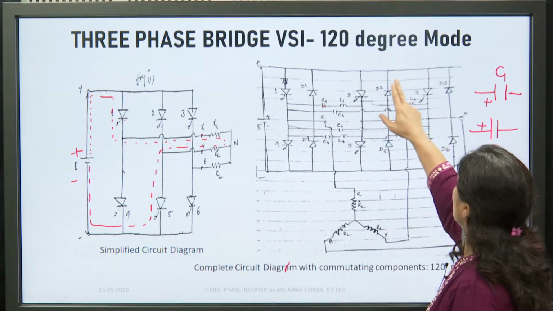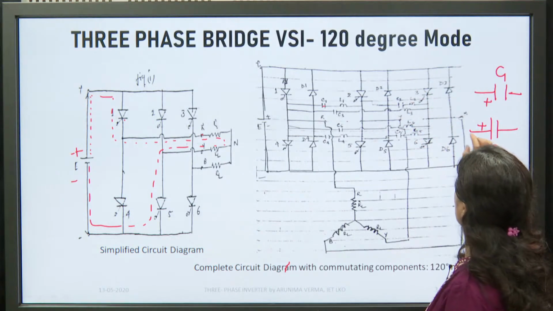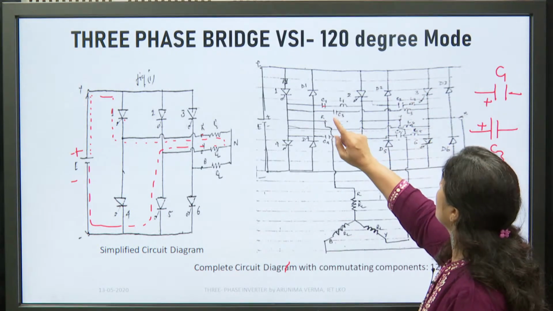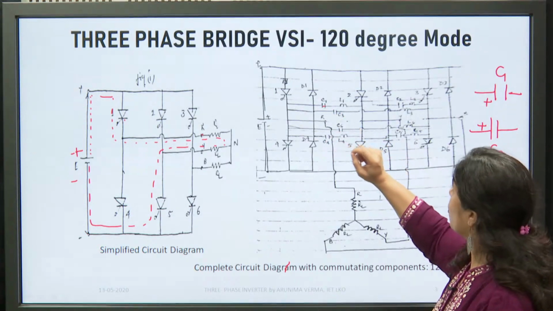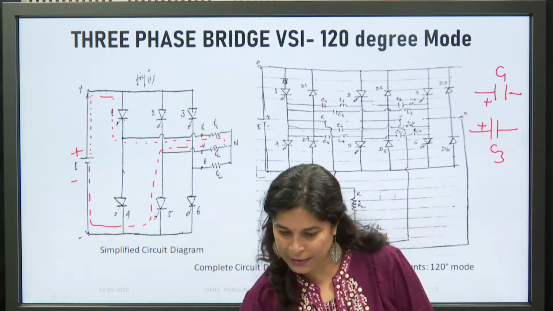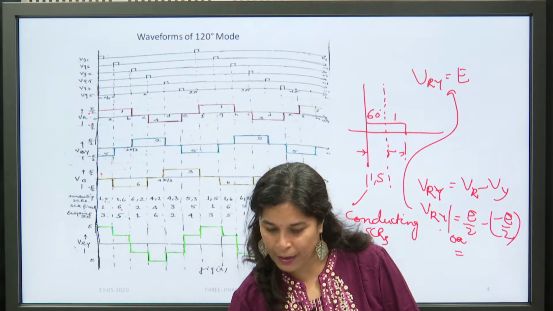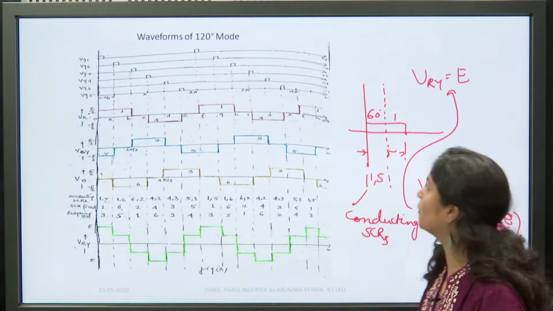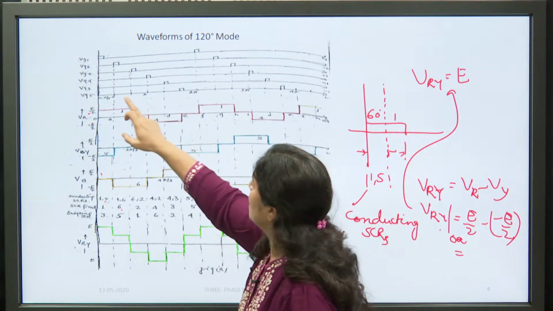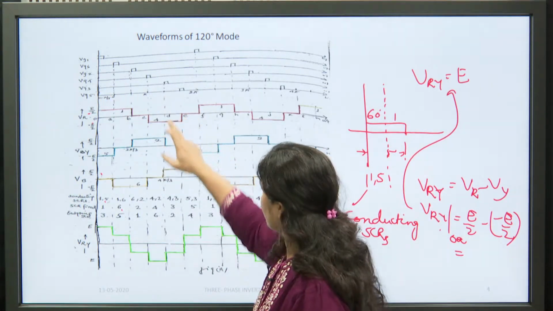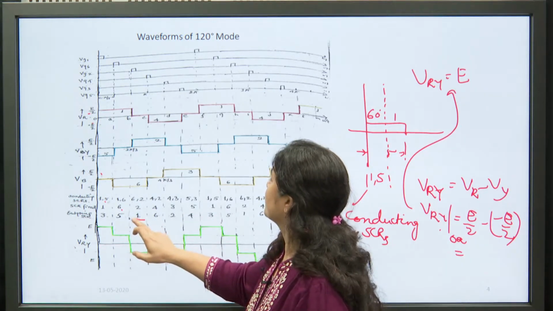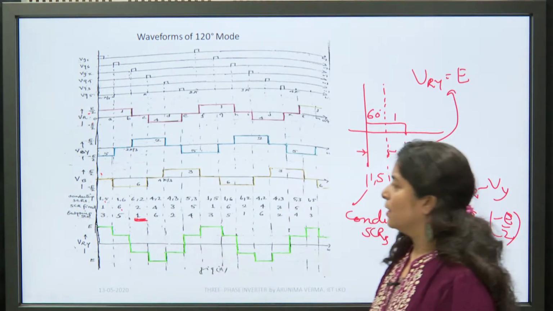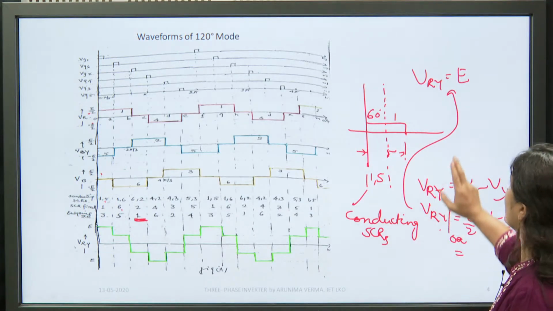Oh, I am sorry, actually what happens is you have to turn off SCR 1. I am explaining the part when SCR 1 is going to be turned off, which is possible when you are firing SCR 2, this period.